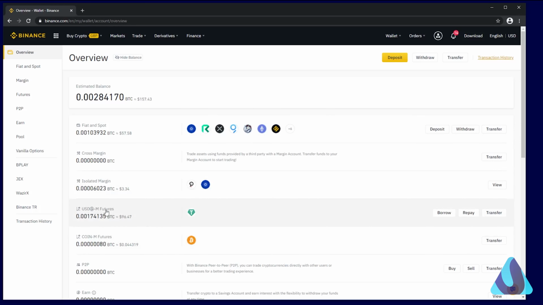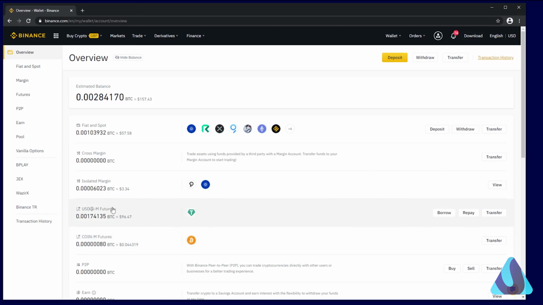USD M futures is your futures or leverage trading wallet. As you can see, there's USD tether in there, and coin M futures is essentially the same thing, but you're trading with a particular coin like Bitcoin.